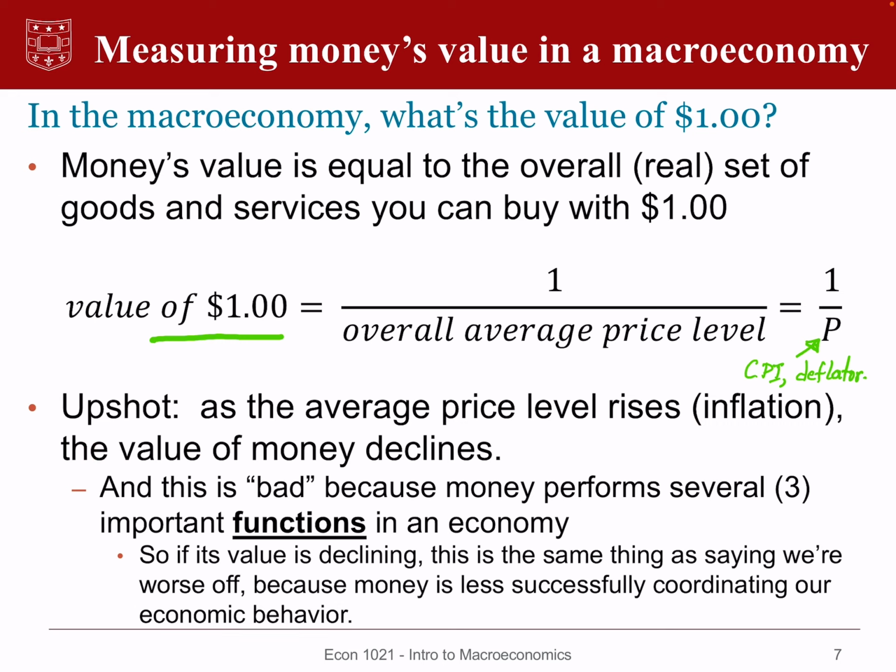And this is bad in a normative sense, because we think of money performing several important functions in the economy, precisely three functions. So if the value of money is declining, then this is the same thing as saying that we're worse off because money is less successful in coordinating our economic behavior.